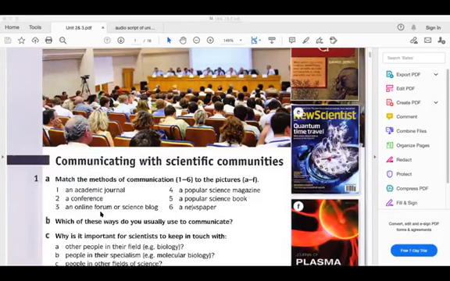What is the meaning of popular science? Popular science is an explanation of science that is aimed for the general audience.